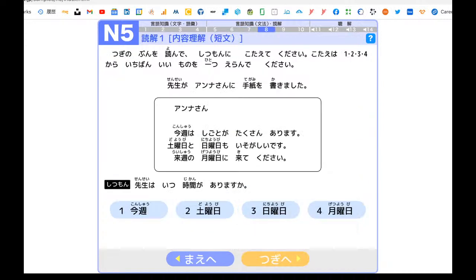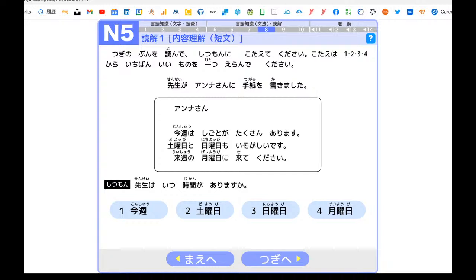次の文を読んで質問に答えてください。答えは1234から一番いいものを一つ選んでください。So you need to read the text below, and you need to answer the question. For this type of question, before you read the text, please read the question. Because without knowing the point to read, it will be a waste of time again, and it will make you confused.